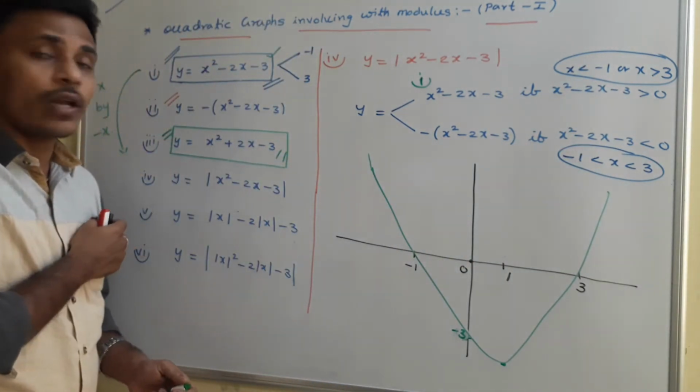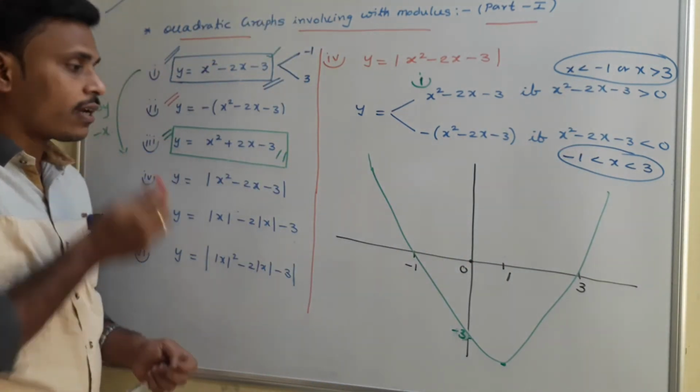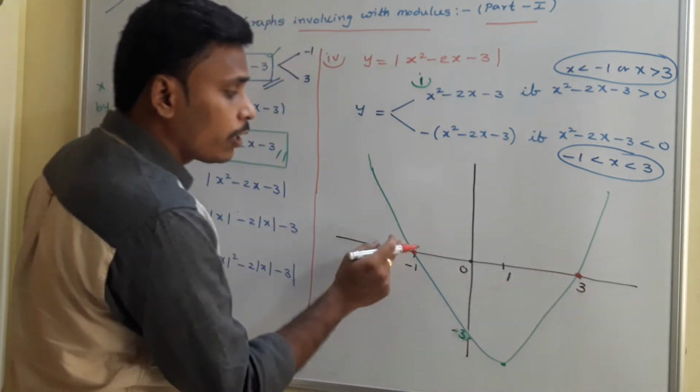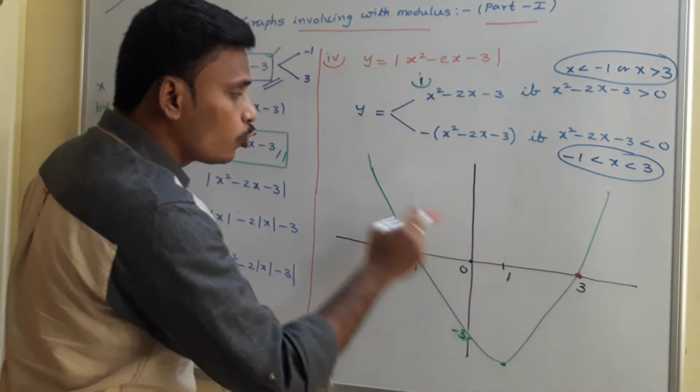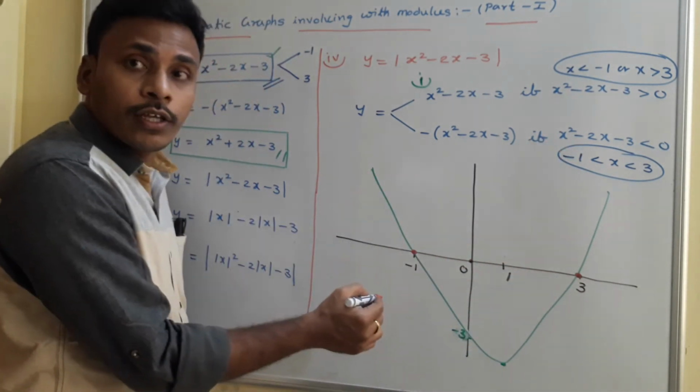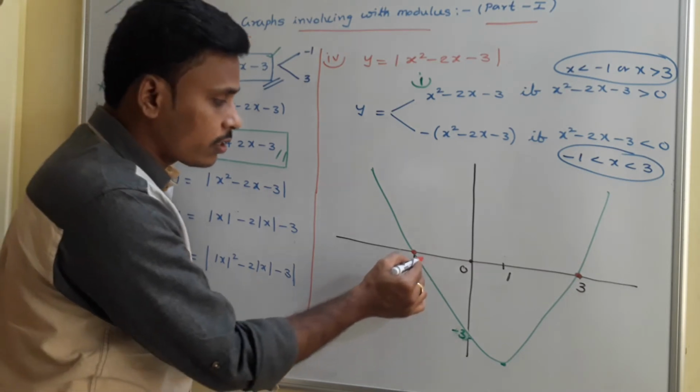In between minus 1 and 3, we don't need to consider that. So this is minus 1 and this is 3. In between these 2 points, you are not allowed to consider this graph, and that's why you need to neglect all these things.